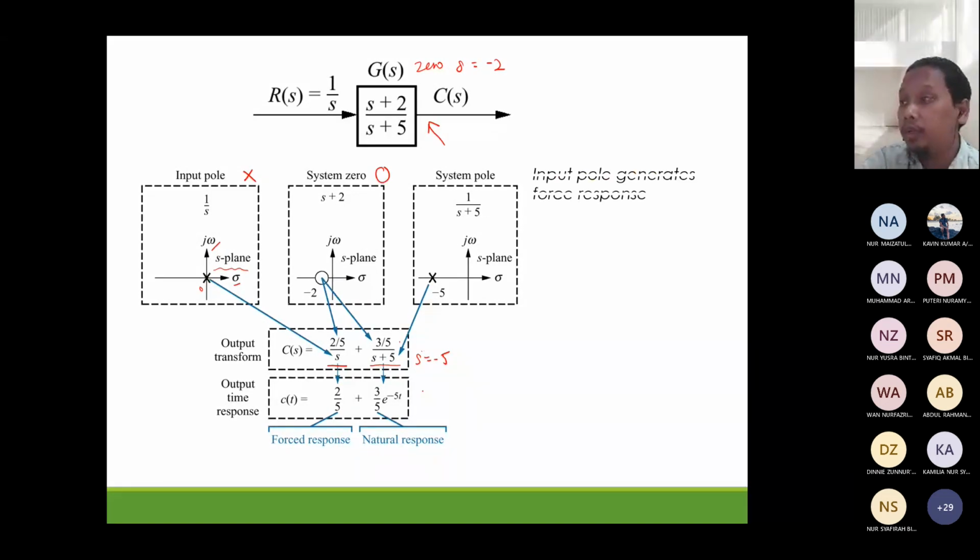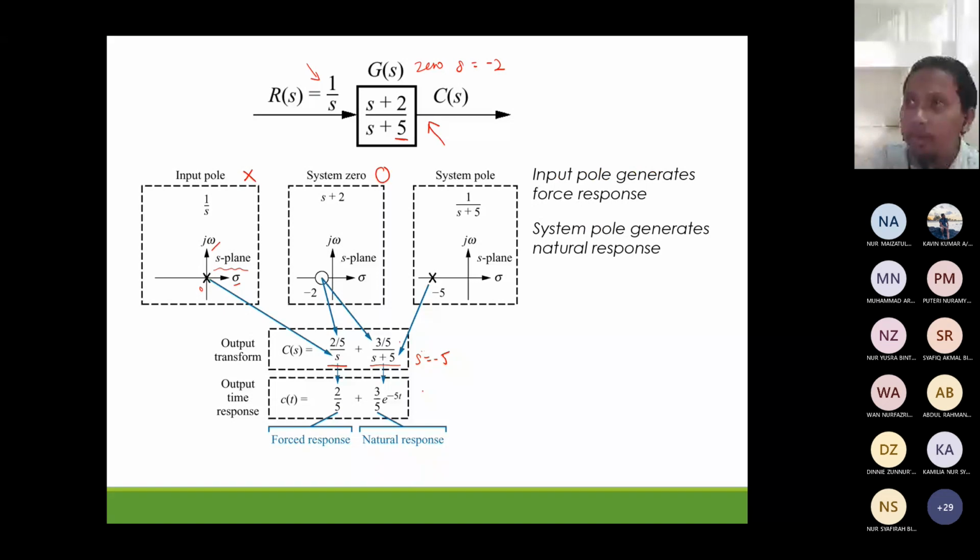So from here, we can see that the input pole, which is the input here, 1 over S, generates the forced response, okay. So it will generate the forced response, while the system pole, which is -5 here, will generate the natural response.